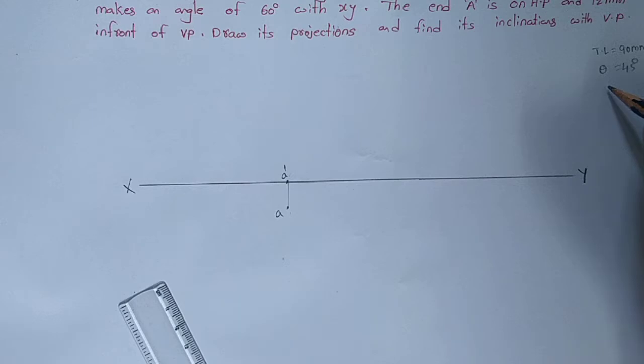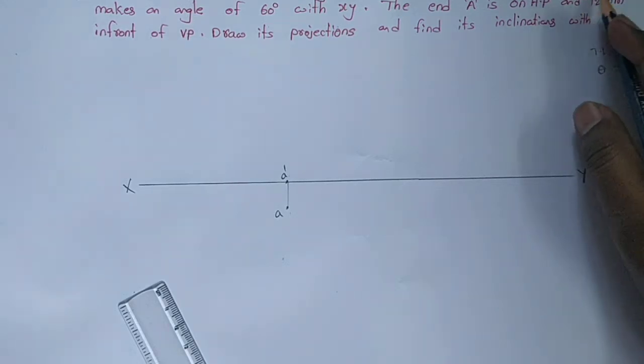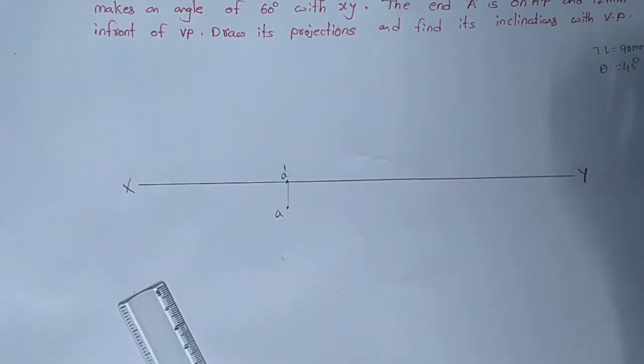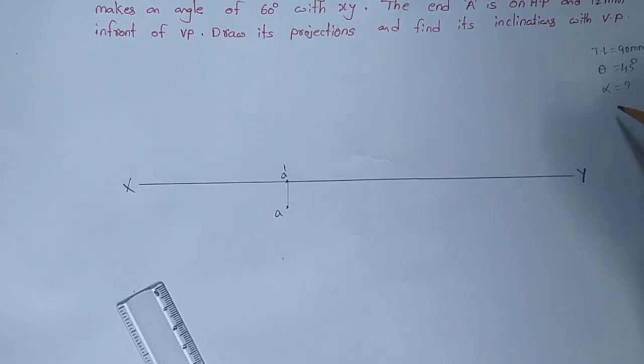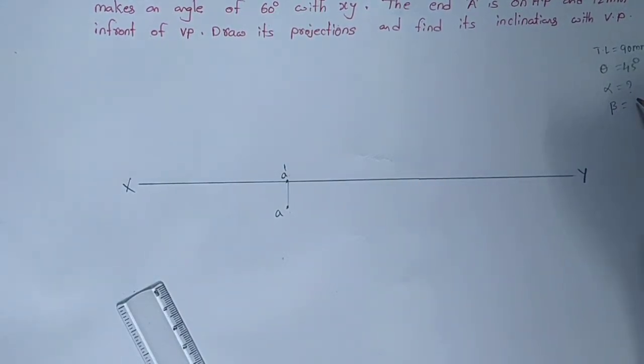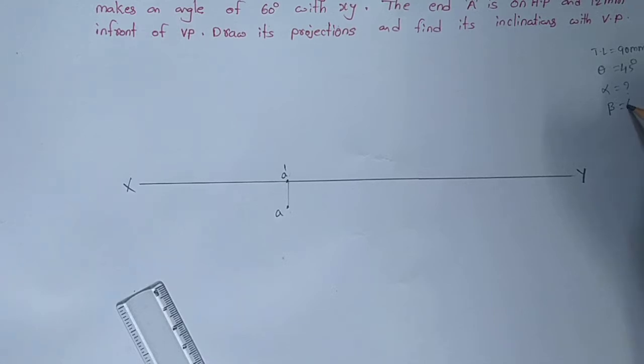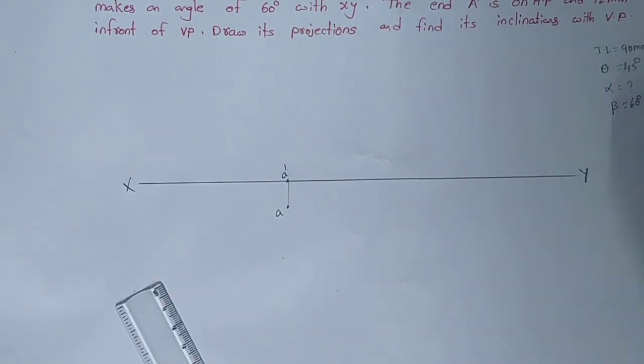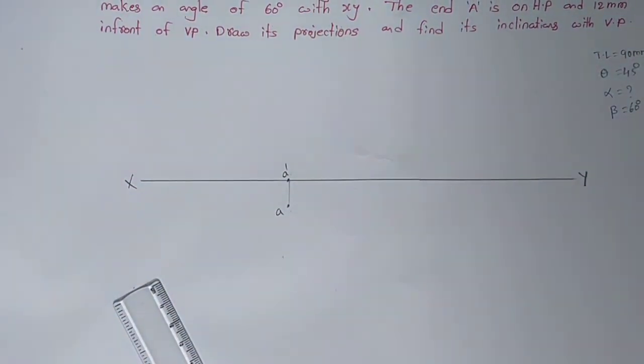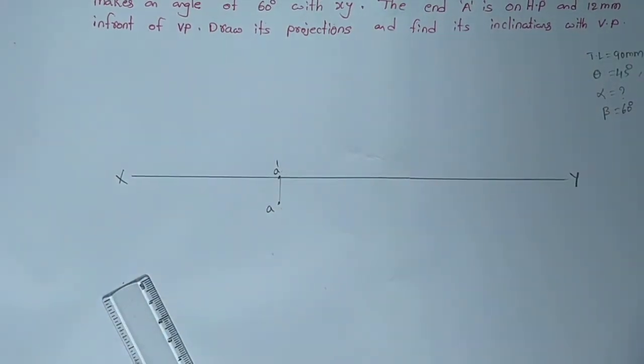Next, its top view makes an angle 60 degrees with XY. Alpha is the angle between front view and XY, and beta is the angle between top view and XY. Here they gave the beta angle, that is 60 degrees. Okay, they did not give phi value and alpha value. We need to find out phi and alpha. Okay, and we need to draw the front view and top view.